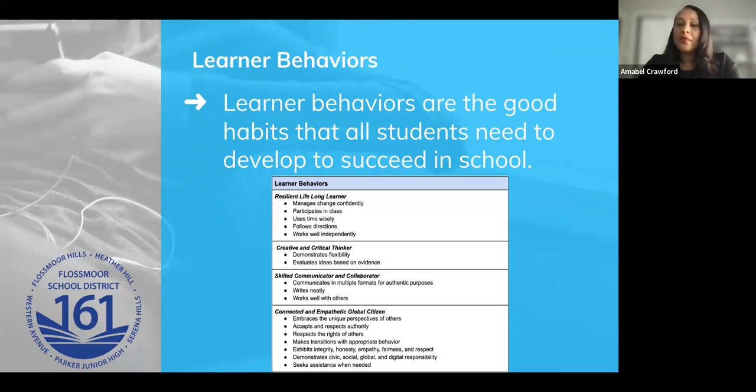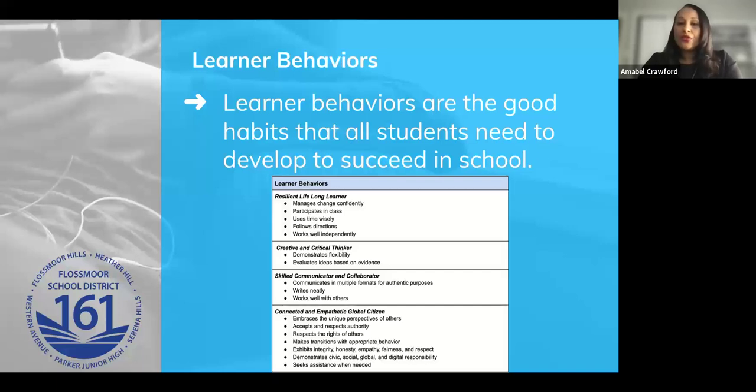So starting with the key component that academics and behaviors should be reported separately, we'll start with learner behaviors. Learner behaviors are the good habits that all students need to develop in order to be successful in school. These are all based on things that we've encouraged students to do before. Everyone encourages their students to do these things at home also.